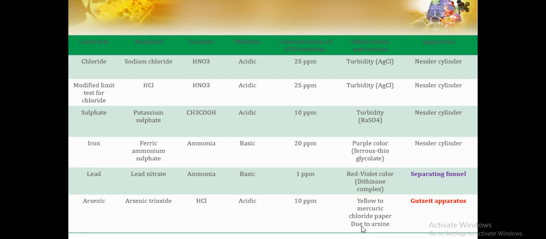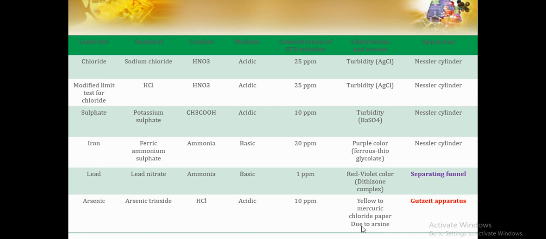So your answer must be 25 ppm. As you can see, this is a very well summarized table. So in the last moment you can revise it without wasting that much time.